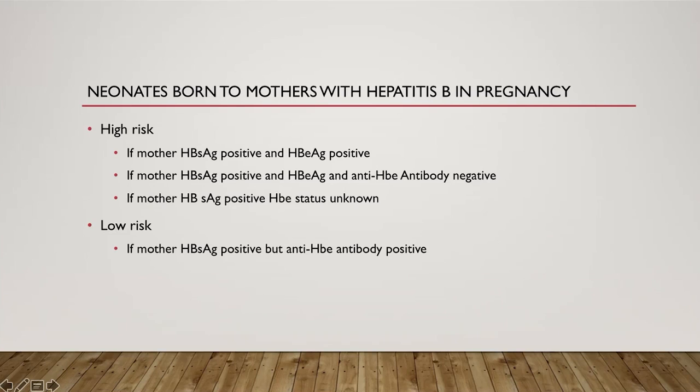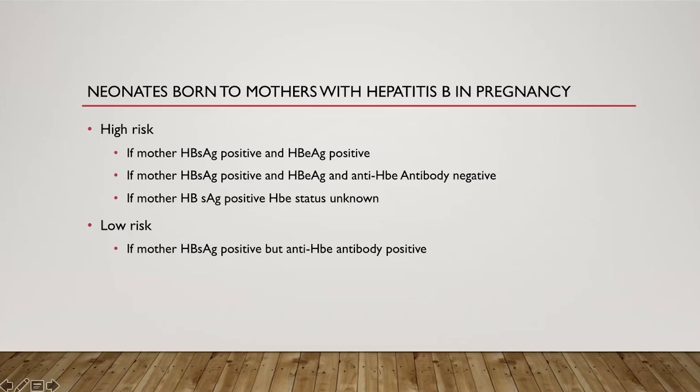If a mother is HBs antigen positive, HBe antigen and anti-HBe antibody both negative, still it's a high risk pregnancy. If a mother is HBs antigen positive and the HBe status unknown, still it's better to take as a high risk neonate. If a mother is HBs antigen positive, but she is also positive for anti-HBe antibody, then it's a low risk neonate.